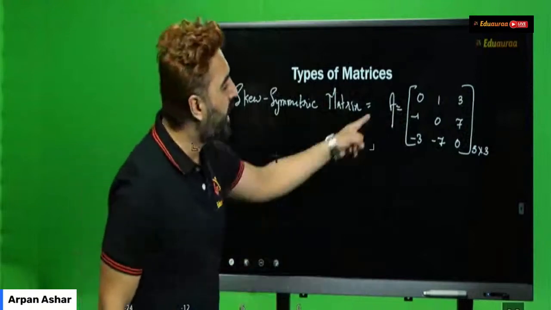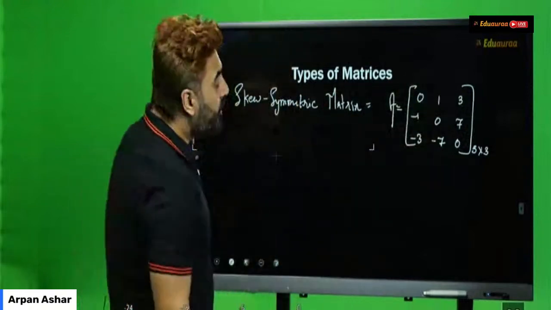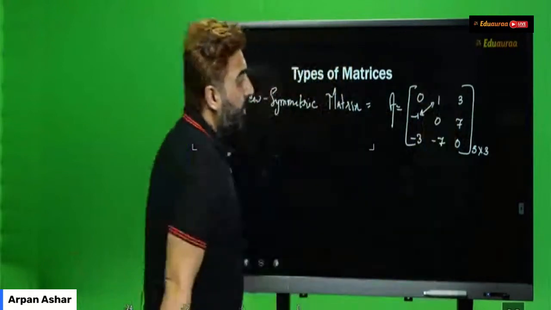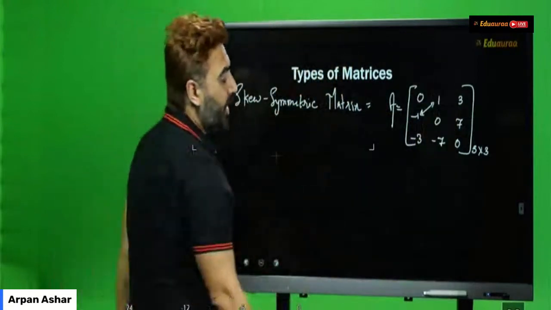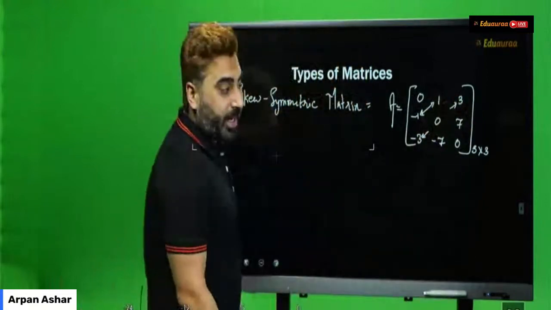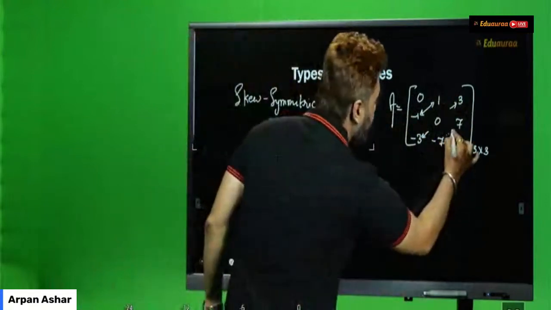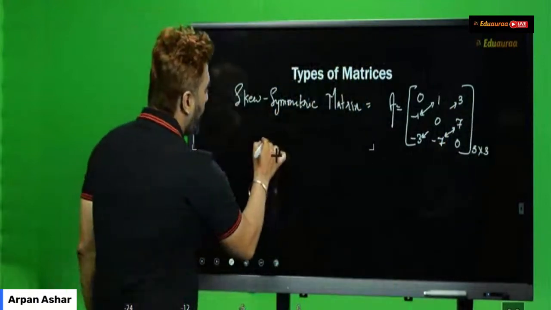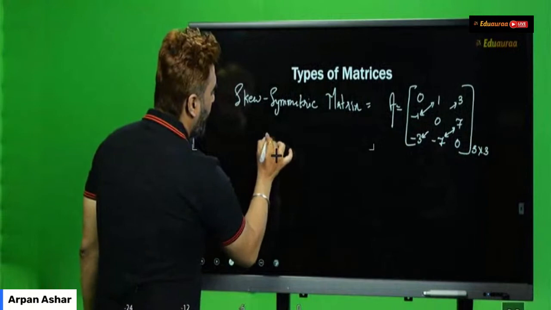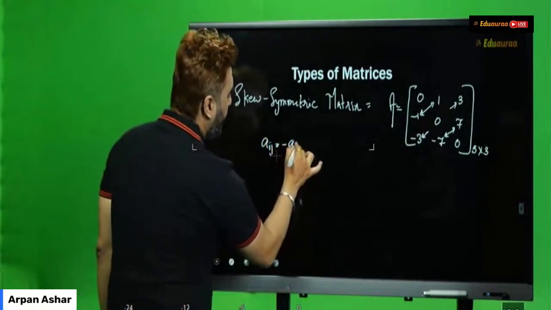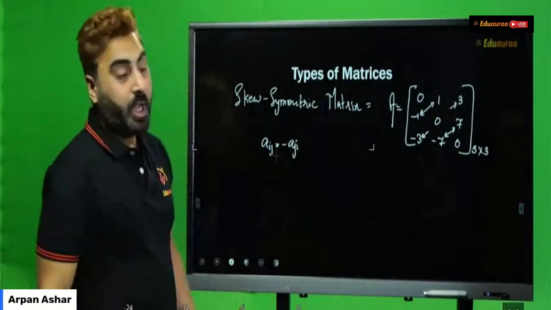Now, what can you say from here? Write in the comment section, what can you conclude? We can see that these two elements change by sign. That means we can say Aij is equal to minus of Aji.